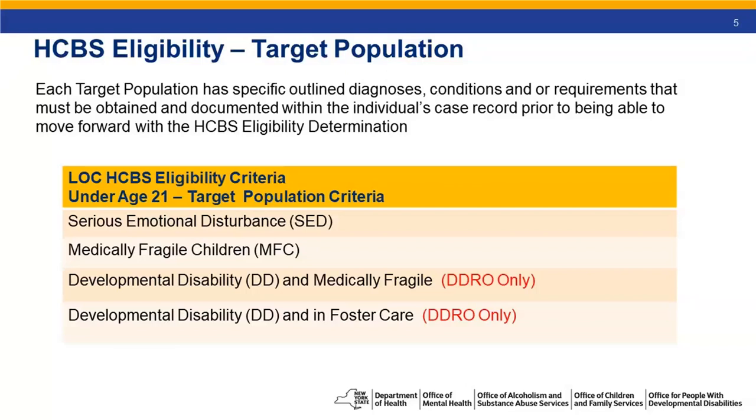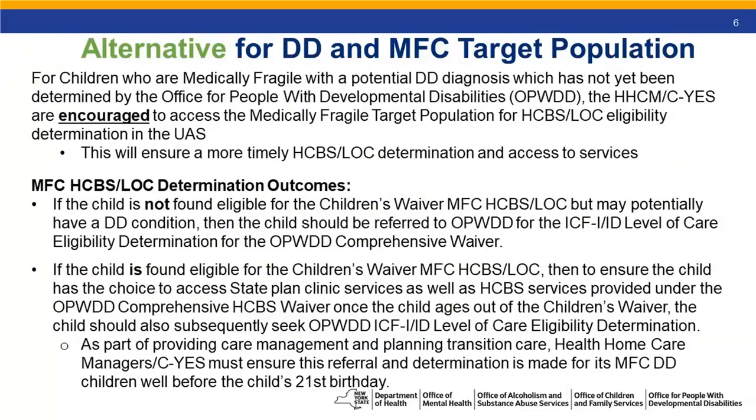And then I hope you've seen the next slide and you're already doing this, is we have really encouraged folks that the most expedient or more timely path to the children's waiver level of care would be to go through the Med-Frag target population for those children that you believe have complex medical needs and also may have a DD condition or diagnosis.